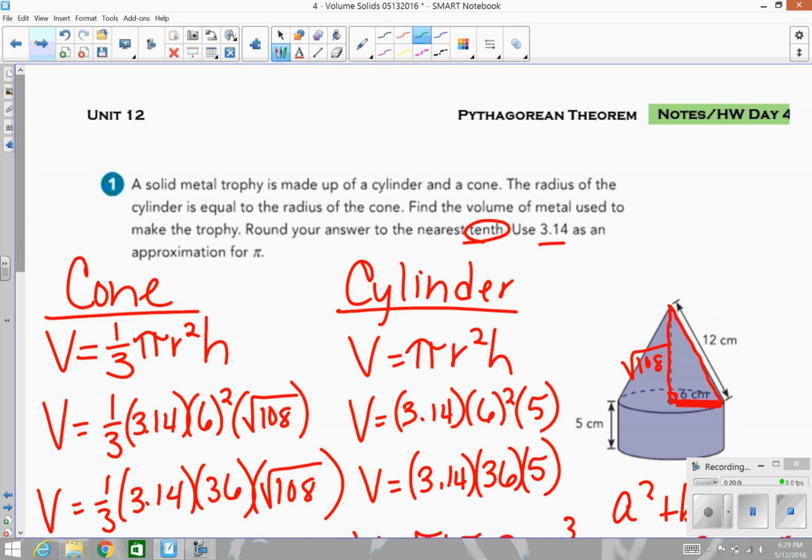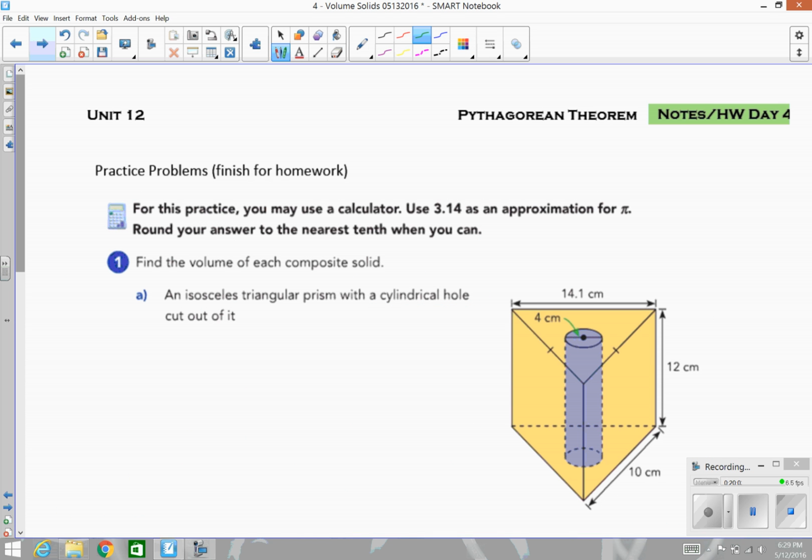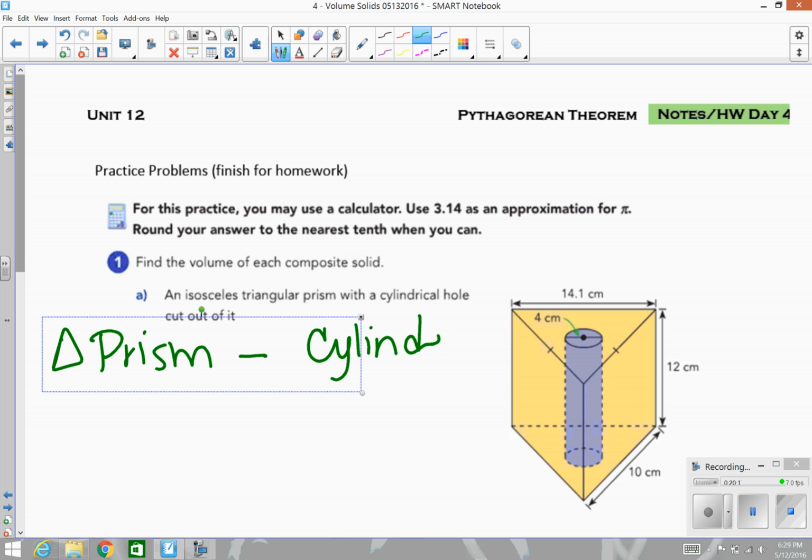But don't forget, back here you have 3 practice problems. This is a cylinder and a triangular prism. So triangular prism minus the cylinder. Be careful, that one's not addition.